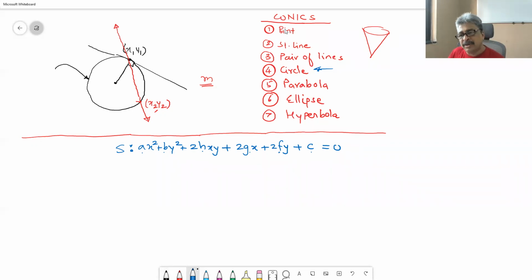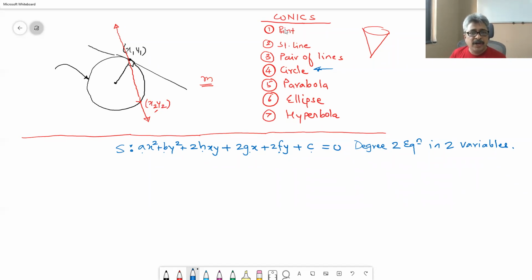So all the terms are available. This is a degree 2 equation in 2 variables. x and y are real variables and a, b, h, g, f, c are parameters.